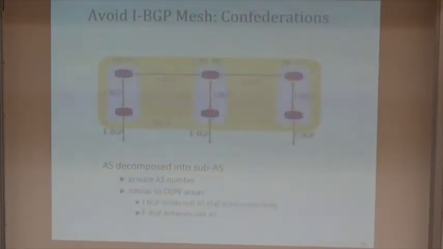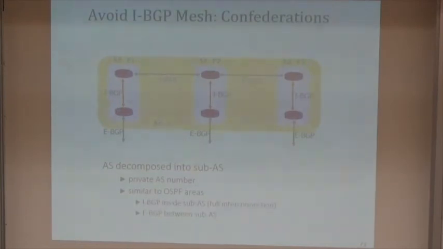Another use of this private AS number is to reduce the complexity of the iBGP mesh. Remember, the iBGP mesh is the fact that within a domain, all BGP routers have to be connected to each other by TCP connections.